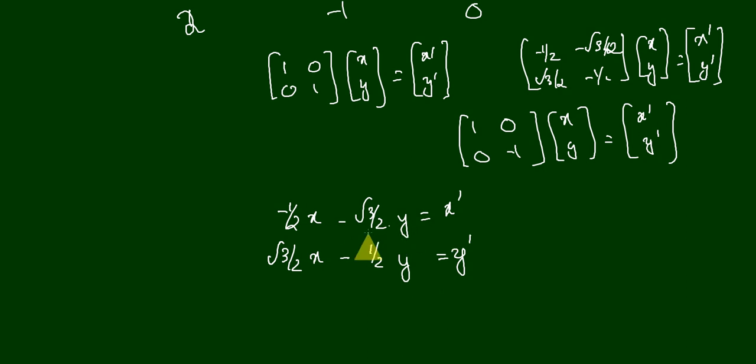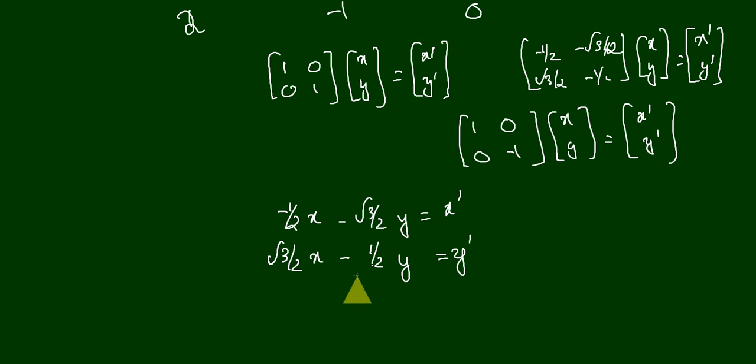And it says that x transforms as minus half x minus root 3 by 2 y and y transforms as root 3 by 2 x minus half y.